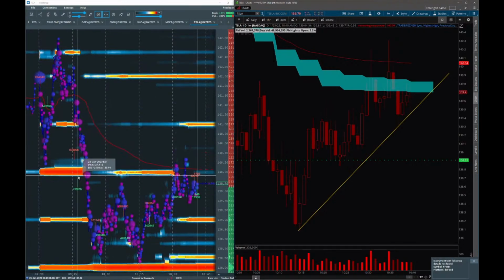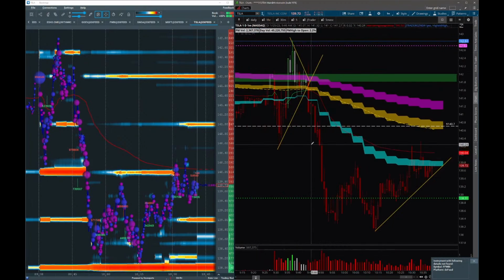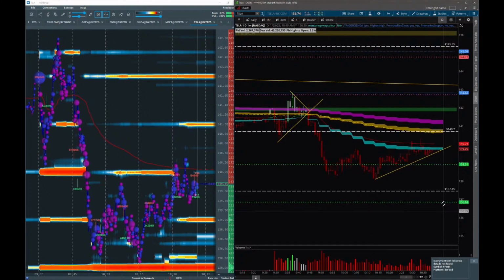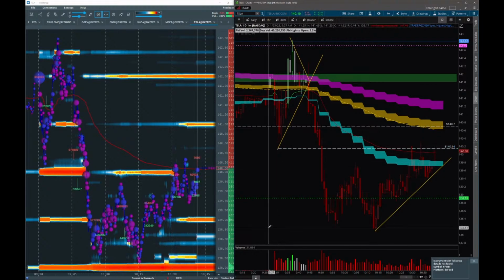You can see that previous support now becoming resistance. So I like this pattern. Also, we have the target, as we said before, this 137.50. So potential still unwind. Watch as well, traders, ES. All right, so here we have the previous support, now resistance.